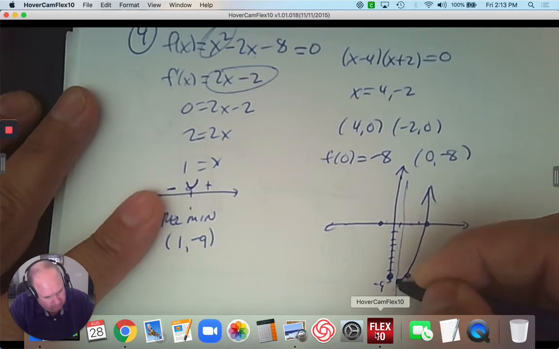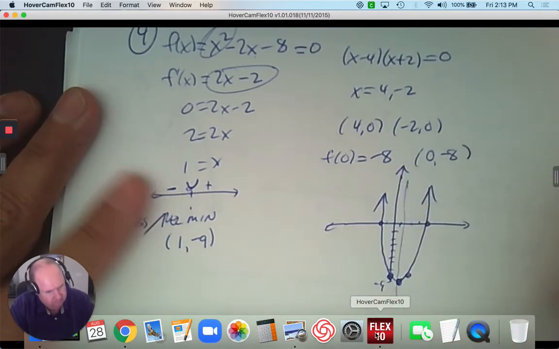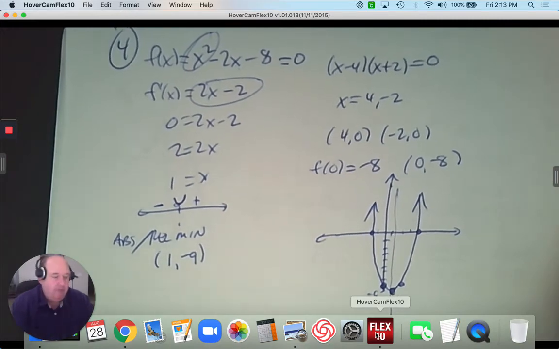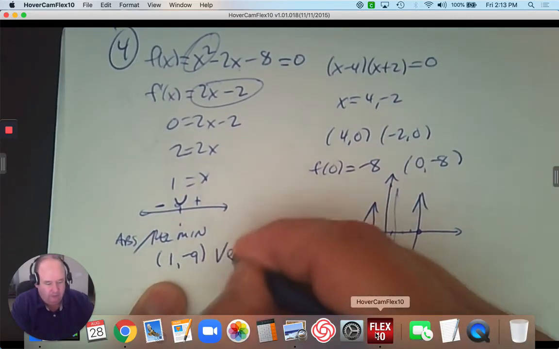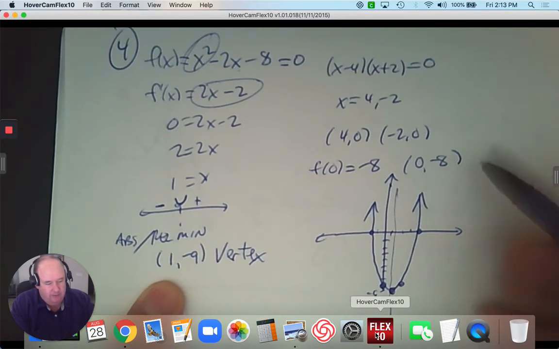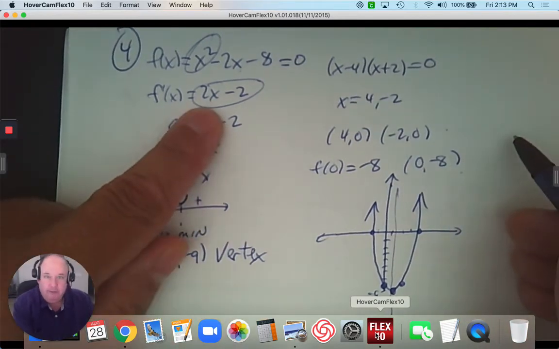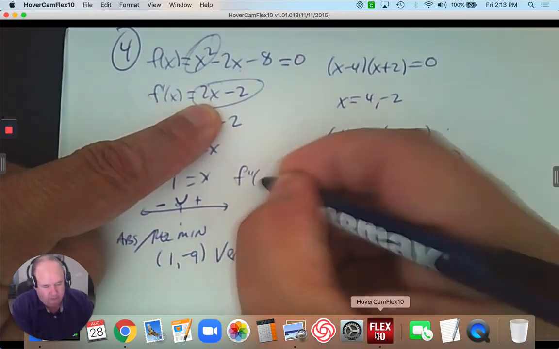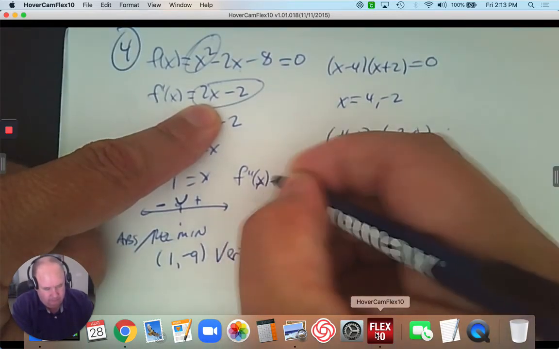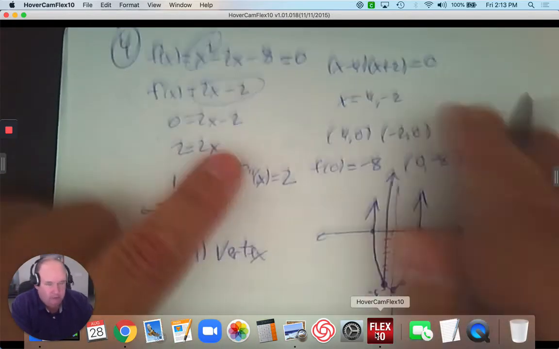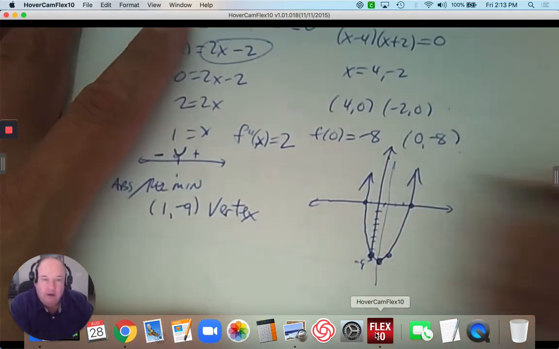Draw your parabola, and you found the extreme points, the turning point, which is another name for a vertex. You found the intercepts, and then if you took the derivative of this, it would be positive 2, right? The second derivative. So no matter what number you plug in, the answer is always positive, so you can see the concave up throughout.